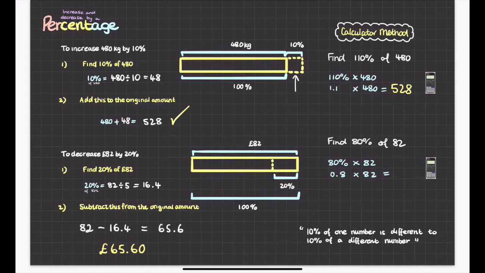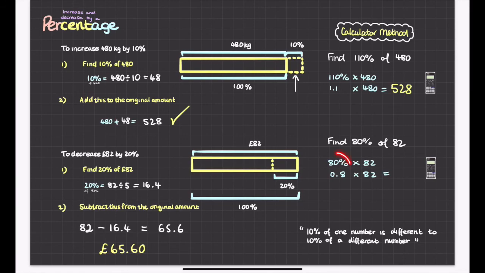Good. And then for the next one is percentage decrease. If I'm decreasing something by 20%, I had my original 100% and I'm taking off that 20%. What am I left with? I'm left with 80%. So if I try and find 80% of 82, that's the same as just doing 80% multiplied by 82.